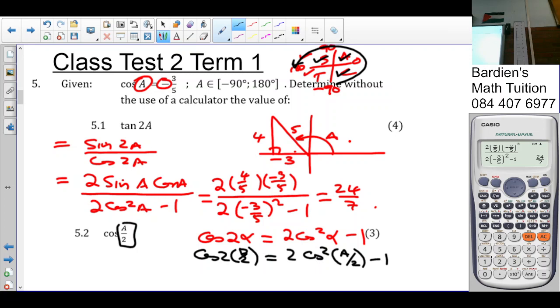You see that? So your alpha angle is A over 2 here. So exactly the same thing. So what is A over 2 times 2? It's just A. So it's cos A equals 2 cos squared A over 2 minus 1.